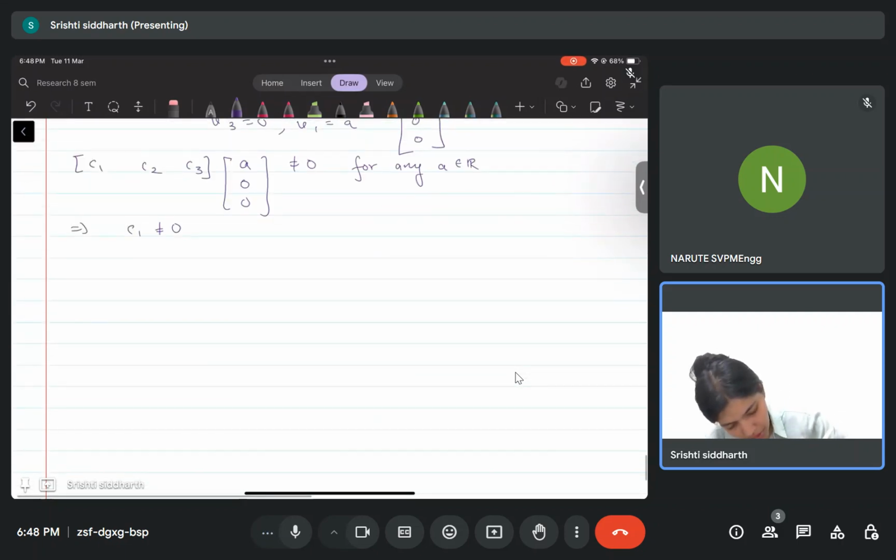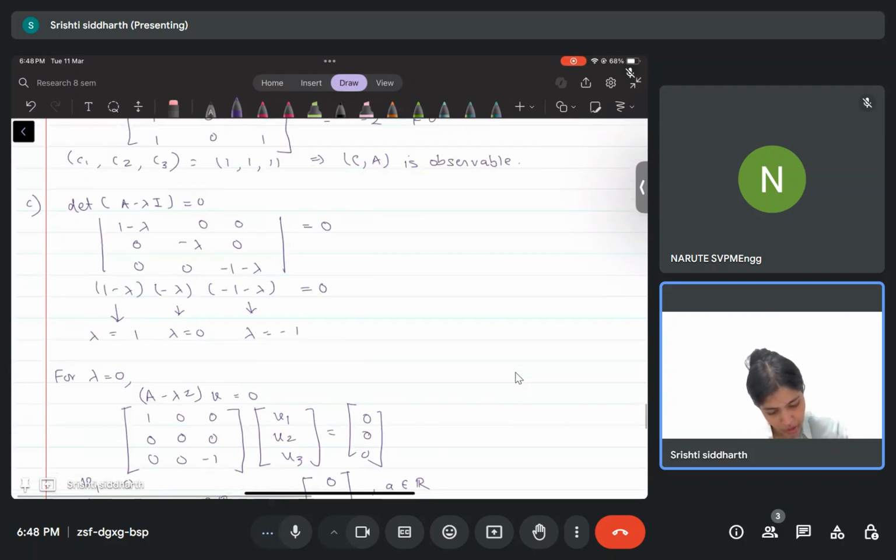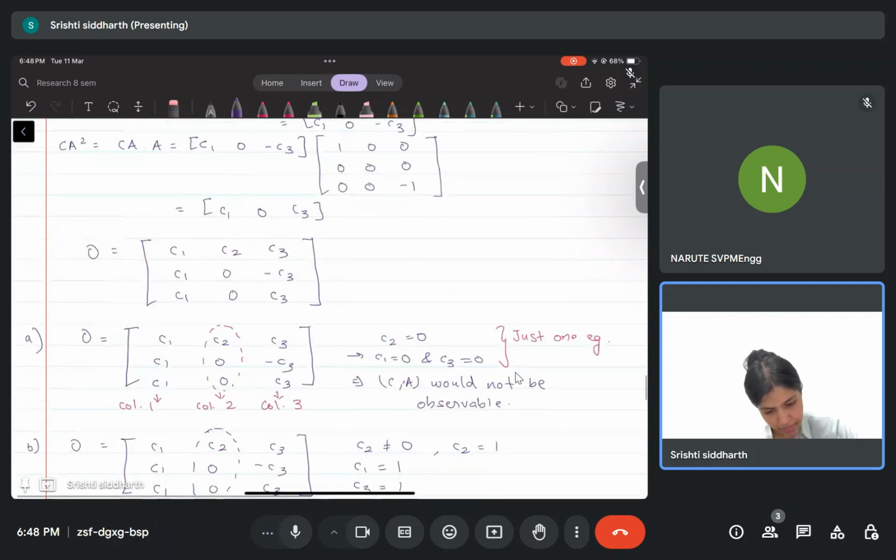Finally, let's do this for lambda equals -1. So we have A minus lambda I, so we have A plus I. Let me just check what A is.